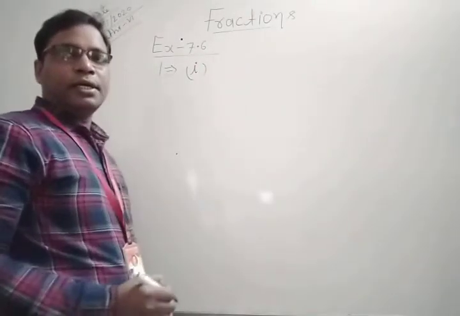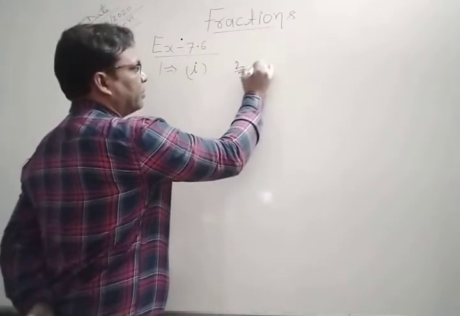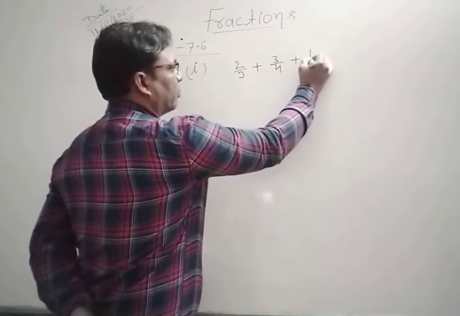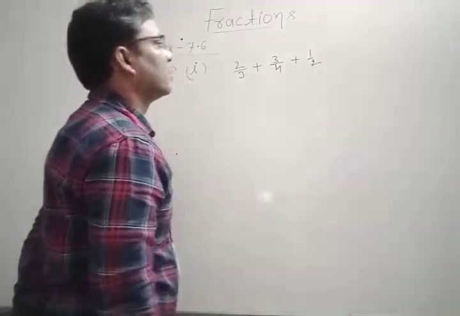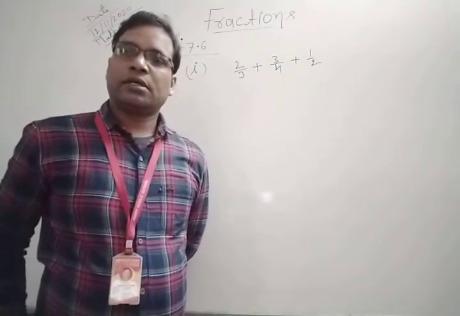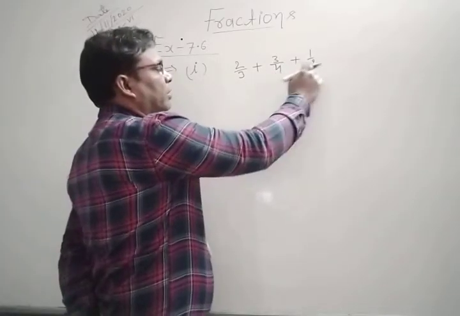This is the I part: 2 by 3 plus 3 by 4 plus 1 by 2. So also you can write in two ways. First you can see here 1, 2, 3 fractions.